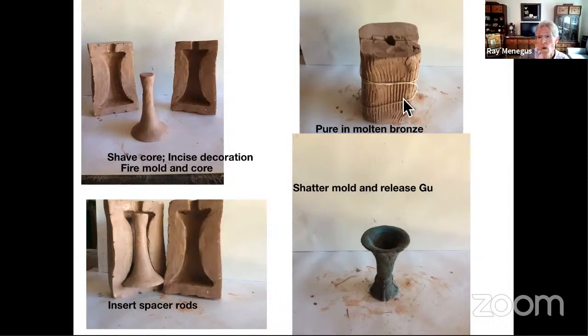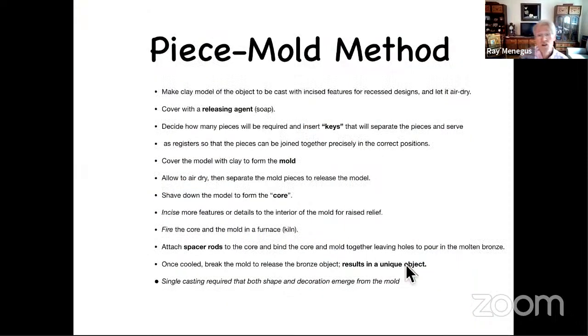And once you allow it to cool, you break the mold, you shatter the mold, and you release the little goblet outside of it. And that's the method to make it. So here you can come back and review this.